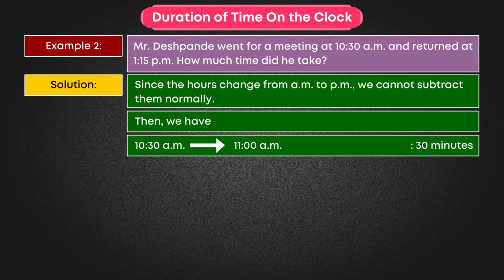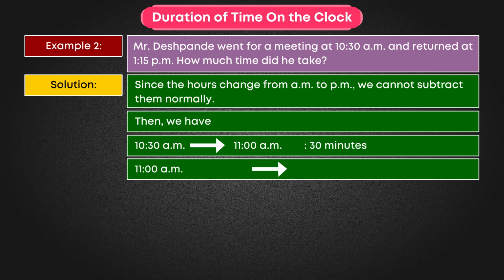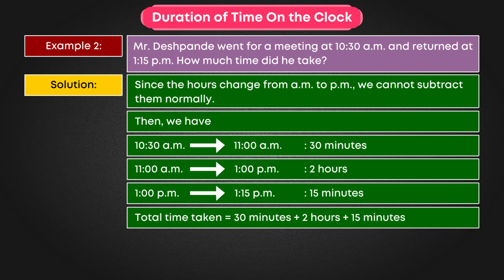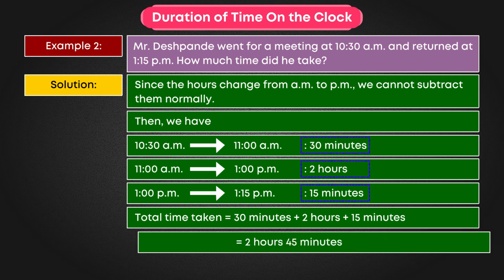The difference is 30 minutes. 11 am to 1 pm. The difference is 2 hours. 1 pm to 1:15 pm. The difference is 15 minutes. Total time taken is equal to 30 minutes plus 2 hours plus 15 minutes is equal to 2 hours 45 minutes.